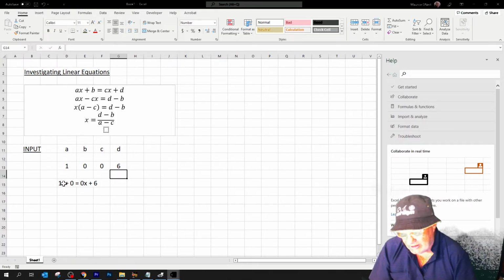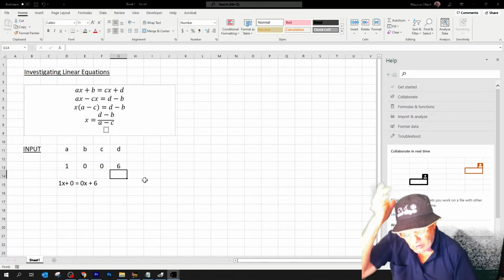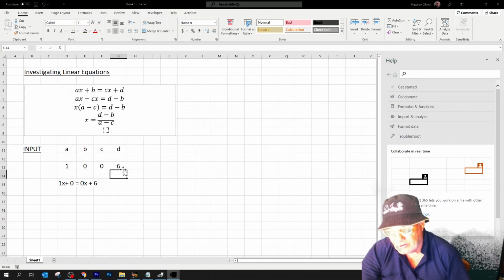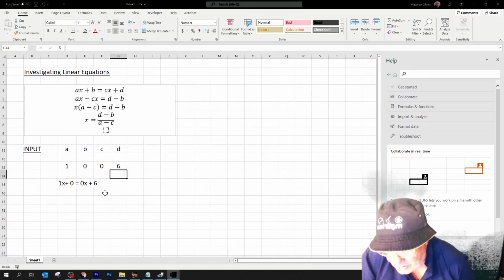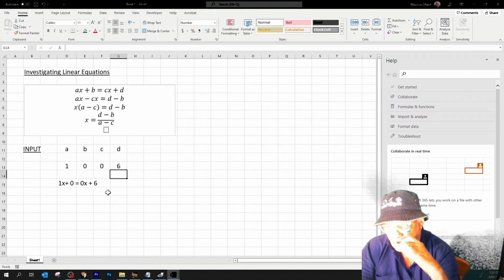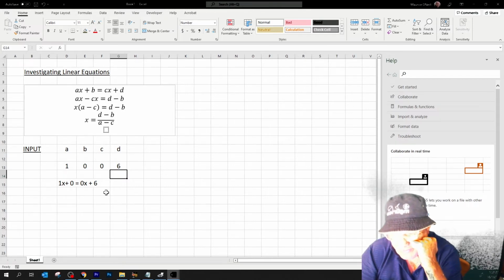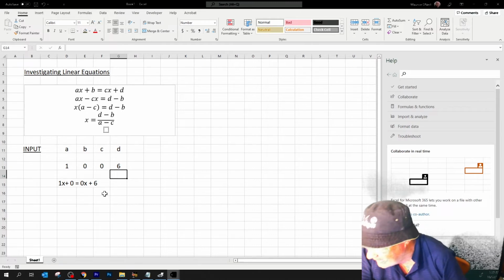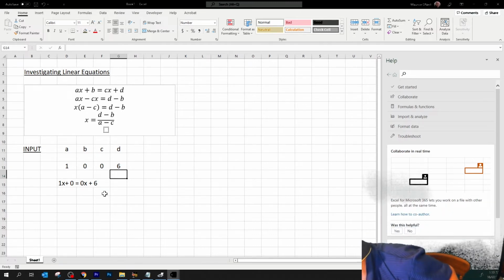Like you could say, well, if x equals 1, don't write the 1, and if that's 0, don't write that. And you could get it down to a form of x equals 6, but this is the sort of equation here. So any linear equation can be defined in this form. It's a bit rudimentary, but yeah, it's all good anyway.